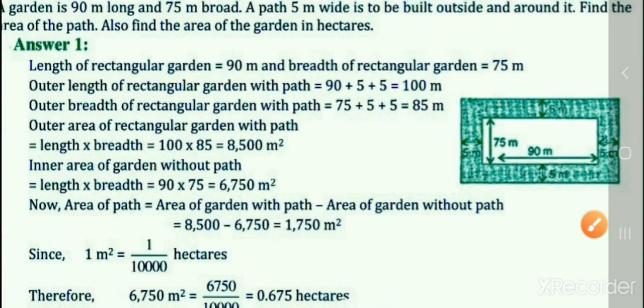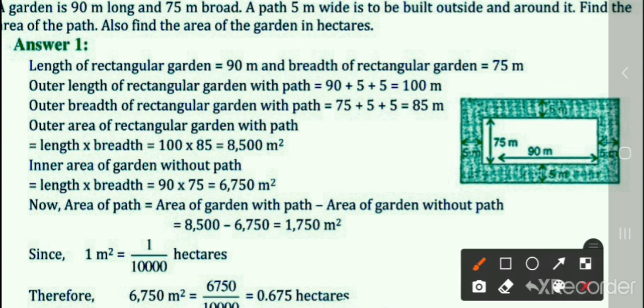Length of the rectangular garden is 90 meter and breadth of the rectangular garden is 75 meter. Outer length of the rectangular garden with path. With path means you are including these sides also. So it is 90 plus 5 plus 5, that is equal to 100 meter.